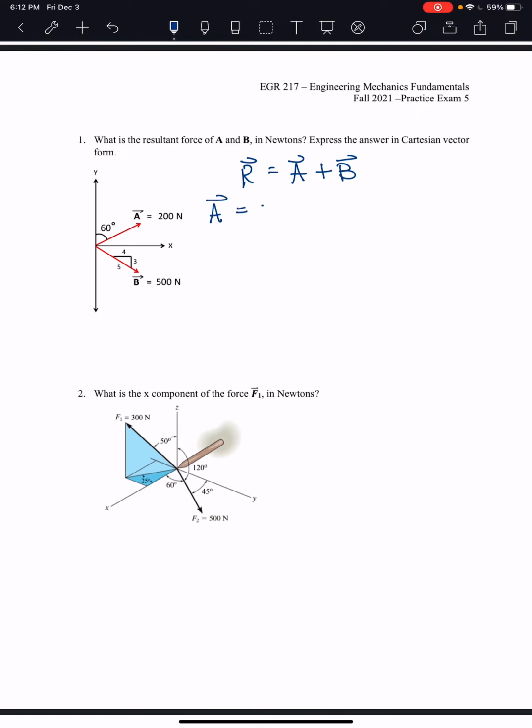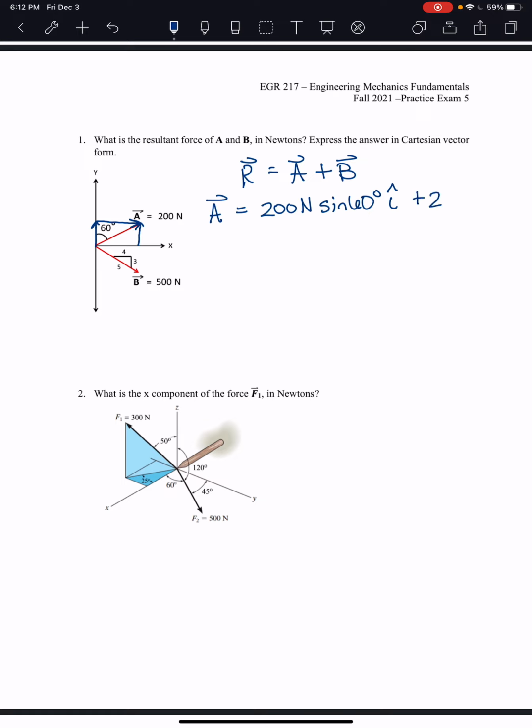A equals 200 newtons. And we want the x component, so that would be sine of 60 degrees in the I direction, because this here would be the x component, so it's the opposite of that angle. And then the y would be this one or this one, so that would be cosine.